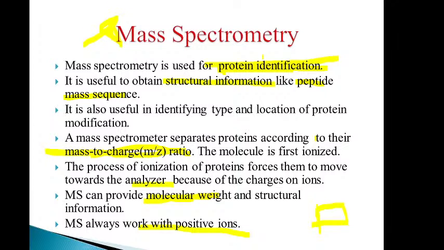Number two is we are able to know the weight of the protein. That means how many kilodalton the weight of the protein is, and obviously we are able to get the structural information about the protein. So this is the mass spectrometry.